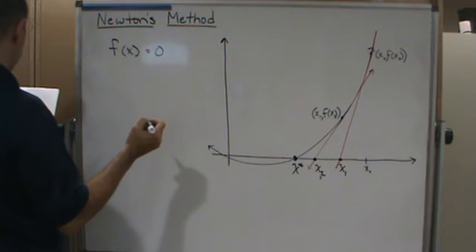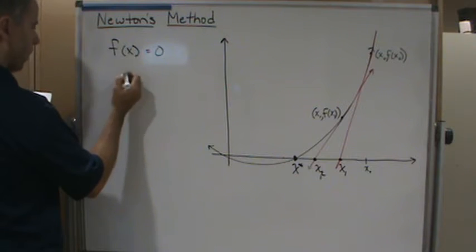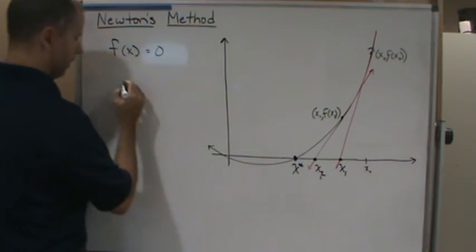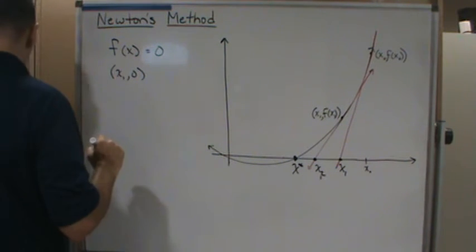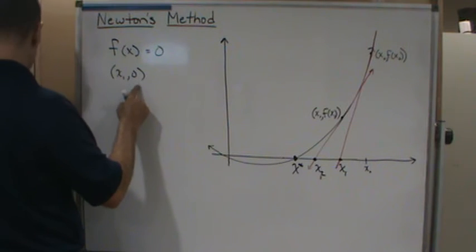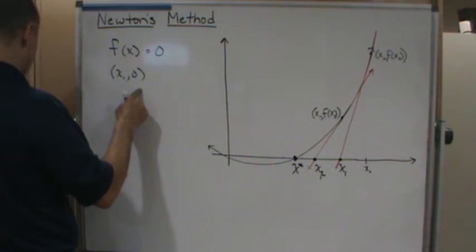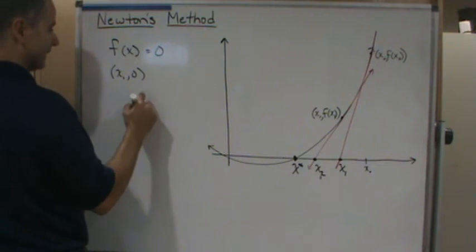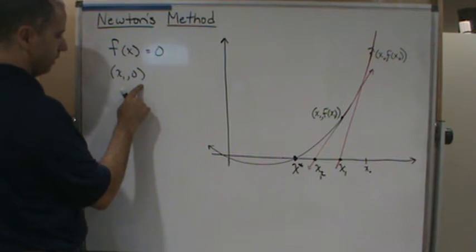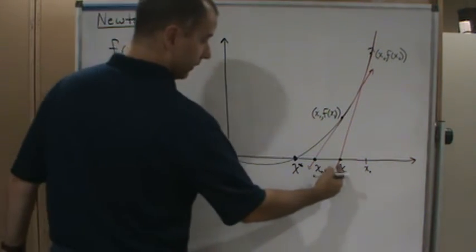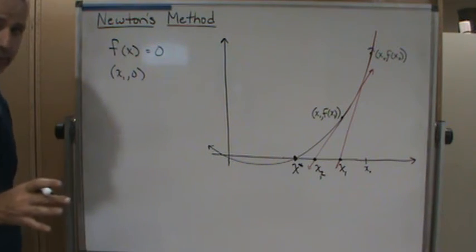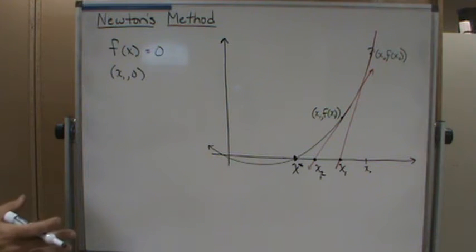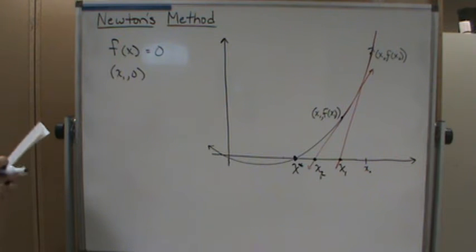Then the approximation x1 is defined as the next approximation. Now, this is going to be the x-intercept of the tangent line of f at x0, right? So now we're going to define the intercept in terms of x1, but the tangent line is based off of our initial guess, which is x0.